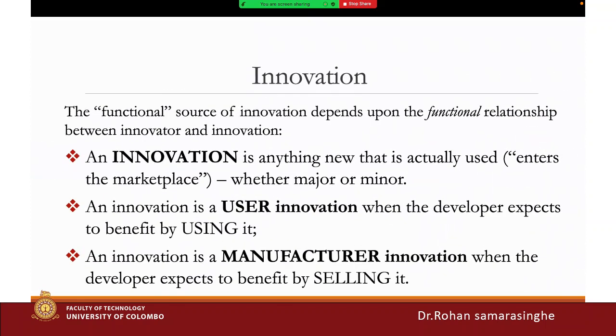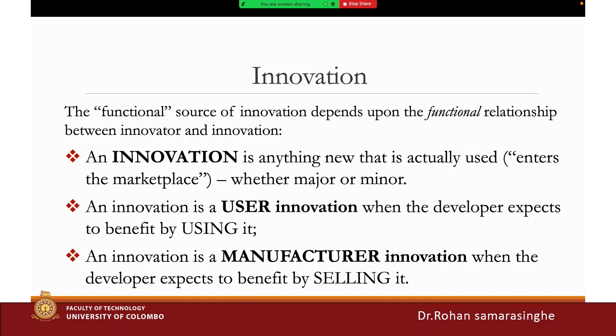The functional source of innovation depends on the functional relationship between the innovator and the innovation. The person who does the innovation is called the innovator.